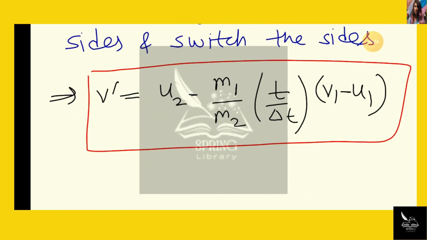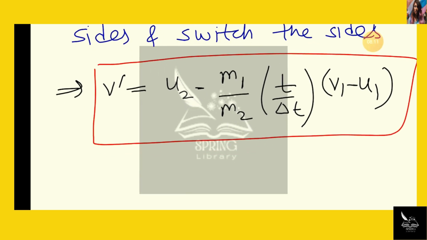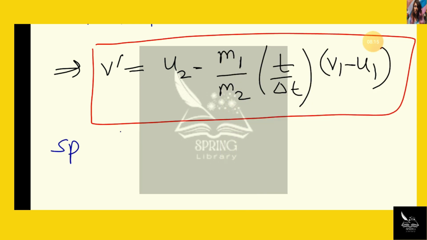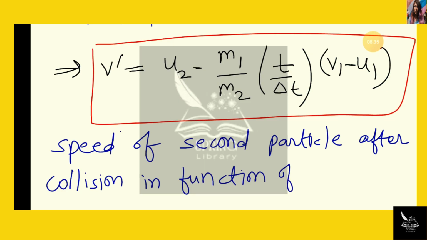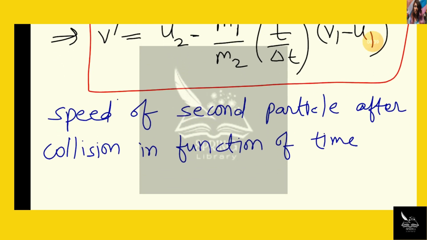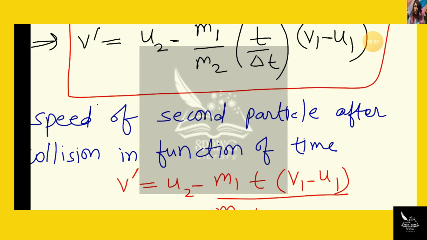The speed of the second particle after collision as a function of t, where t means time, is v dash equal to u2 minus m1 multiplied by t multiplied by (v1 minus u1) over m2 Δt.